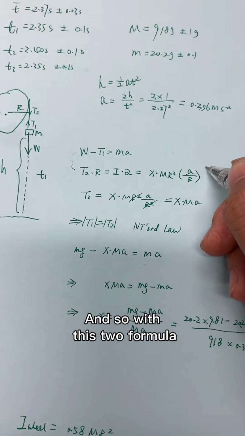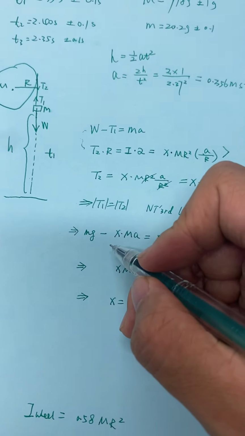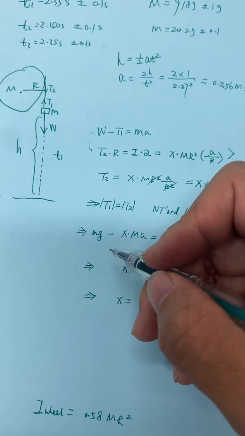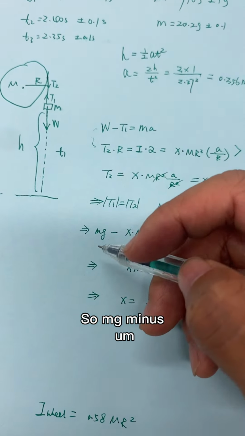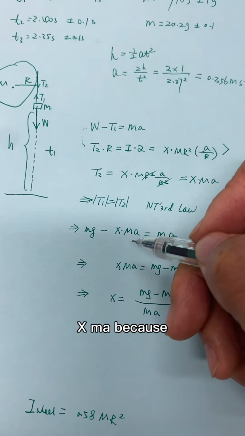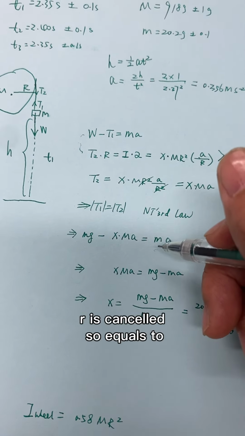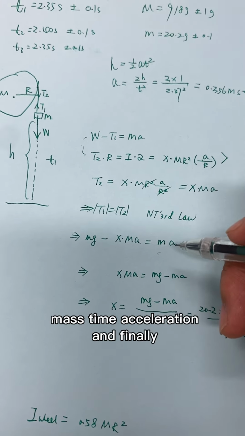So with these 2 formulas, I can get the third formula. So the weight is mg, so mg minus x M a, because R is cancelled, should equal mass times acceleration.